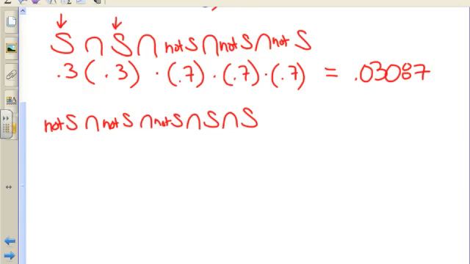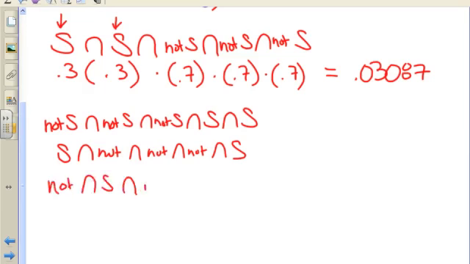Or maybe it was the first one that's speckled, and the last one. Or maybe I could alternate them. Hopefully you're getting the idea here. There are lots of different ways I can arrange 2 speckled out of 5. Now, I know some of you are protesting already. You're saying, but guess what? Because multiplication you can do in any order, I'm still going to get the same number.